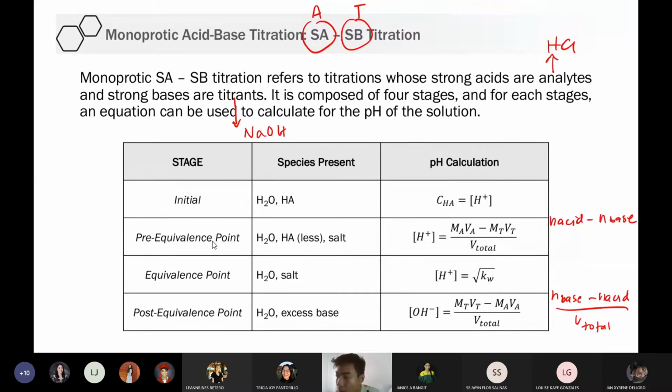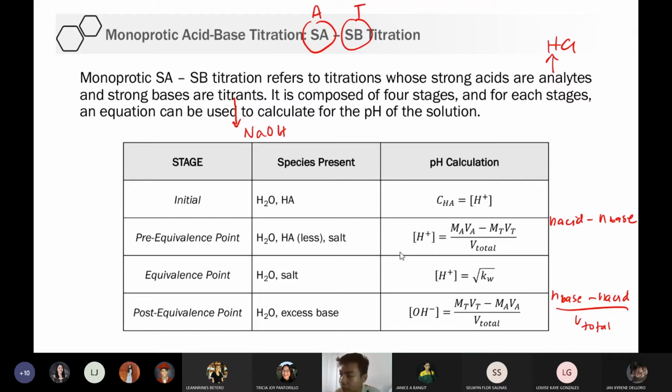At pre-equivalence point, nababawasan yung acid natin. So we have to subtract the amount of titrant added sa acid. Kaya ganito yung formula. Kasi nababawasan na yung acid eh. Nagdagdag tayo ng titrant. So gano'ng karami nabawas? E di yan. Subtract mo yan. Mole acid minus mole base divided by total volume. Makukuha mo yung H. Then negative log mo yan.